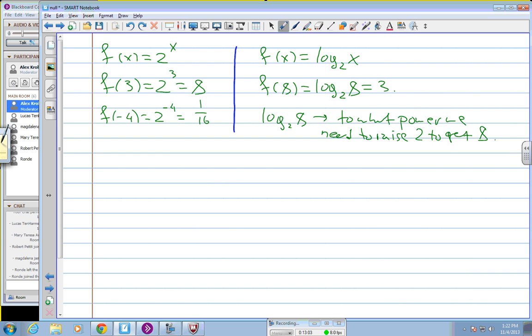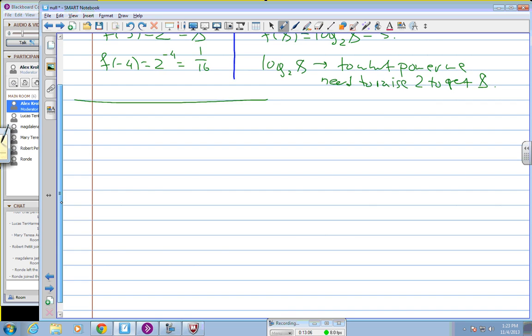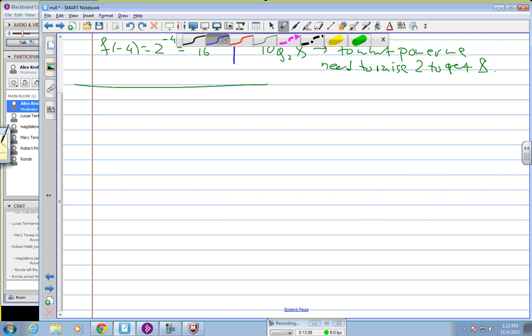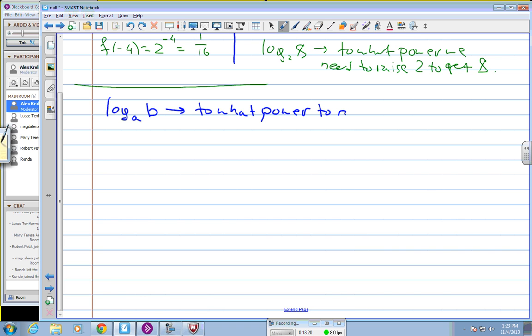Is that okay? So again, if you have something like log base a of b, that means to what power to raise a in order to get b. Is that okay?